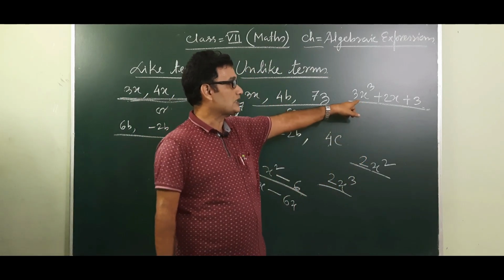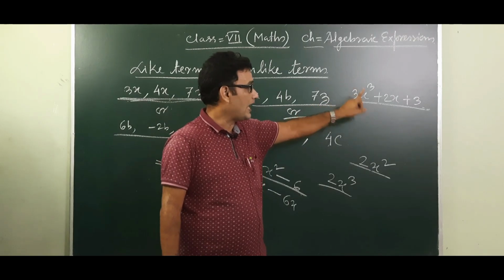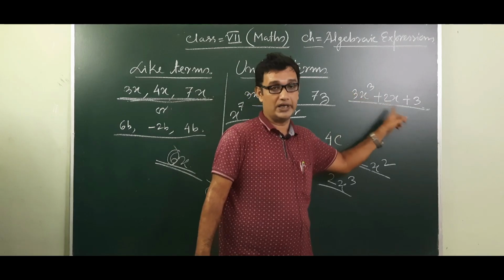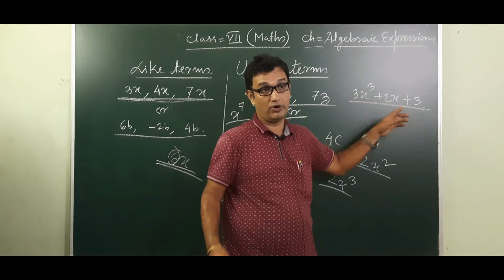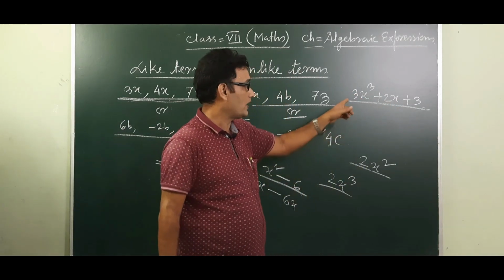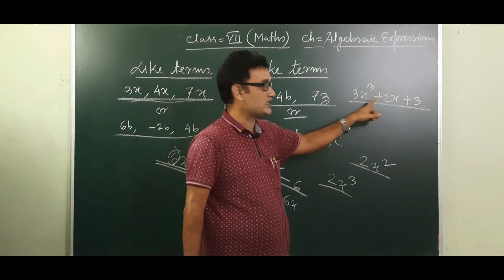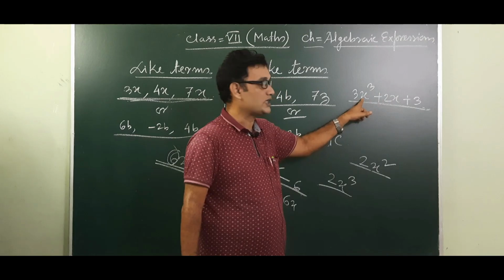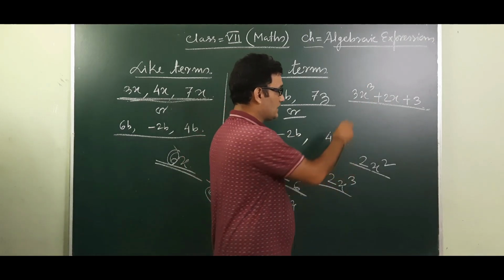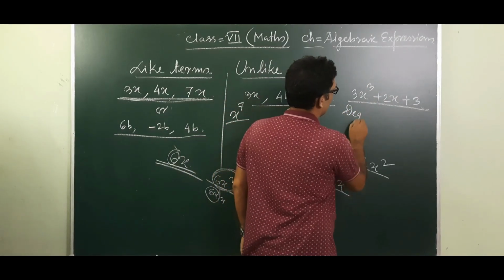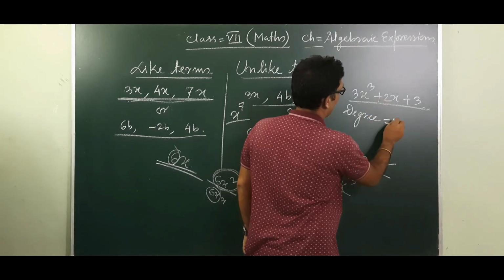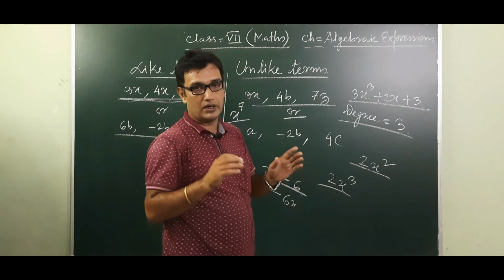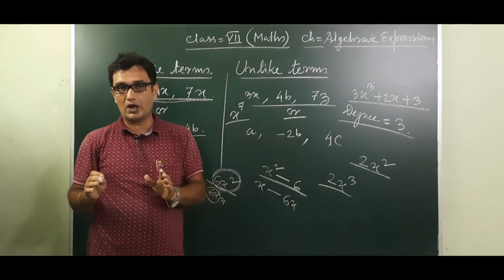Suppose in this question x is given, then we will see the highest power of the variable, or we can say greatest power. So here in this expression the greatest power of x, here the power of x means 1, here the power of x means 3. That means the degree will be 3. So the degree of the given expression will be 3.